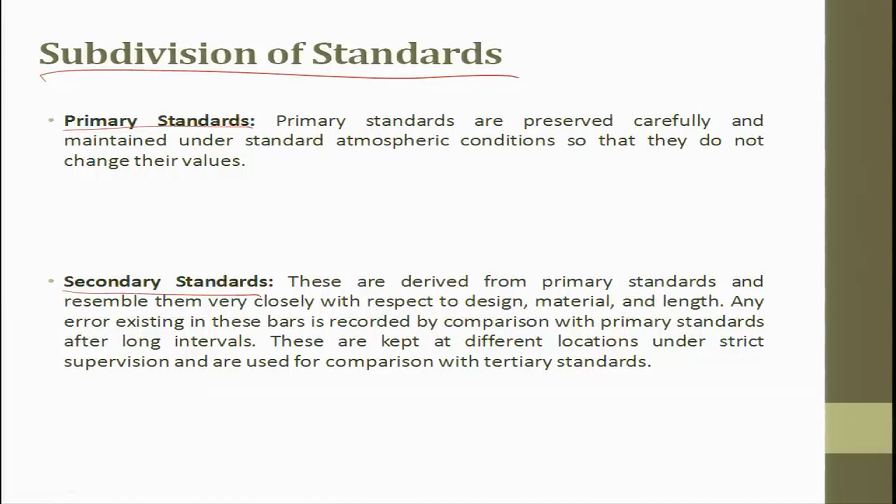Primary standards are preserved carefully and maintained under standard atmospheric conditions so that they do not change their values. Generally this primary standard will be kept in a country in one place. For example, as far as India is concerned, NPL, the National Physical Laboratory located in Delhi, maintains most of these standards.